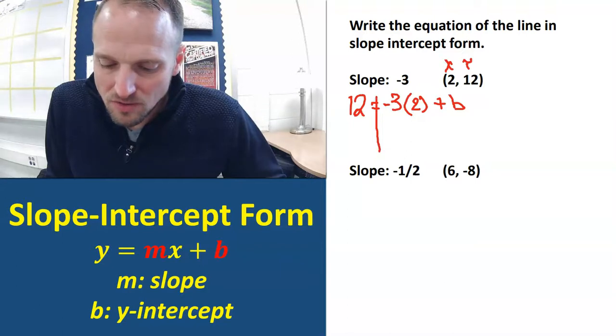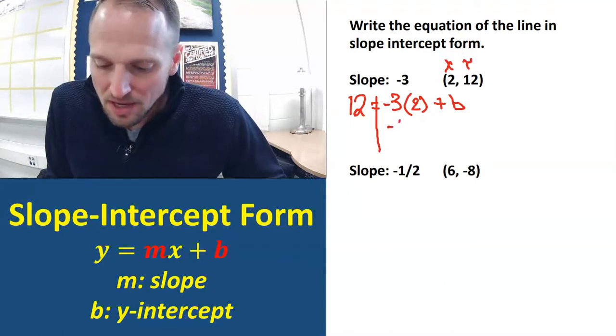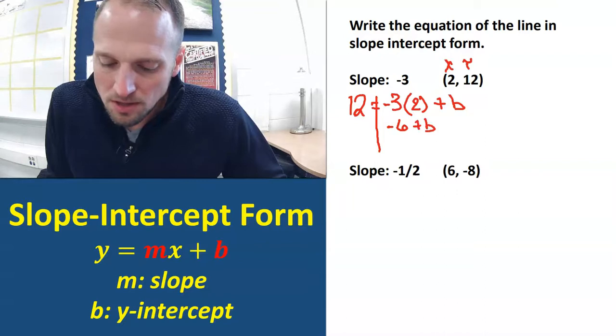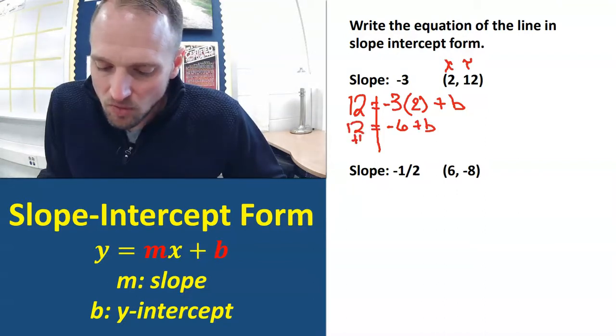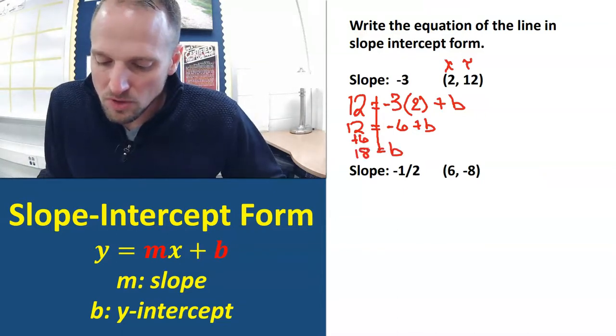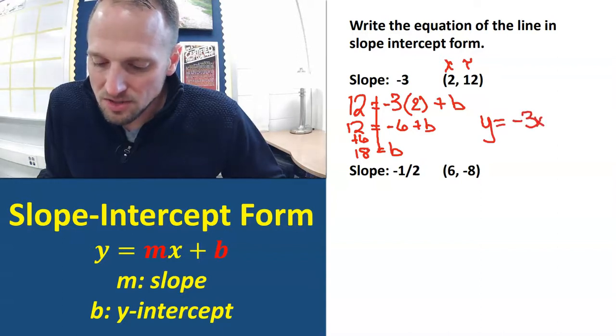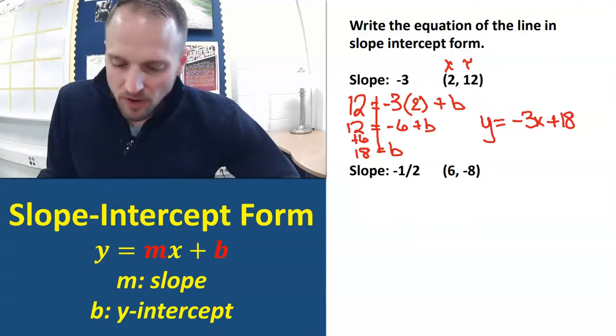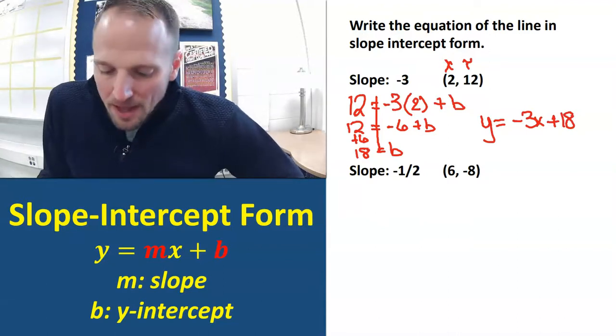Negative 3 times 2 is negative 6 plus b is equal to 12. So let's just add the 6 over, and we see that 18 is equal to b. So we've got y equals negative 3x and a positive 18 for our y-intercept, I'm sorry.